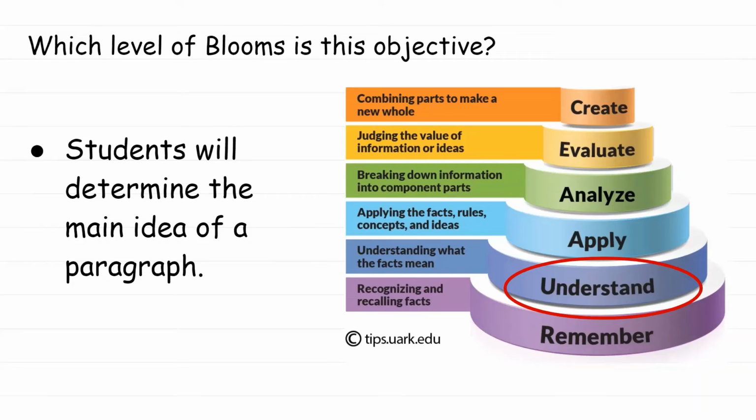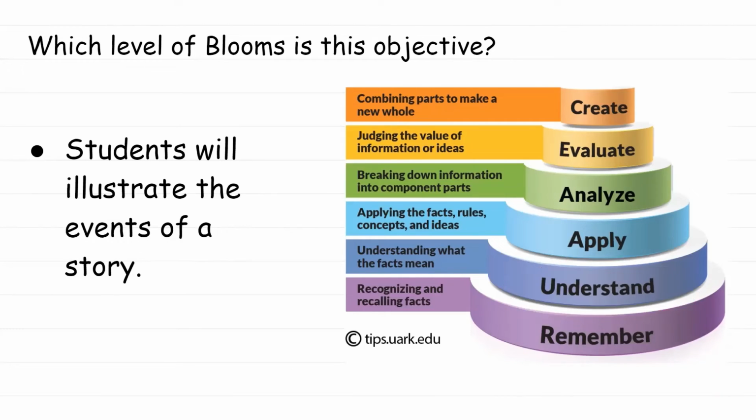This is not remember, because students aren't going to read a paragraph that says the main idea is X, Y, Z. They're going to read a whole paragraph that gives them some information, and then they're going to have to use that information that's given to them in the paragraph to then determine what the main idea is. So this level of thinking is understand.